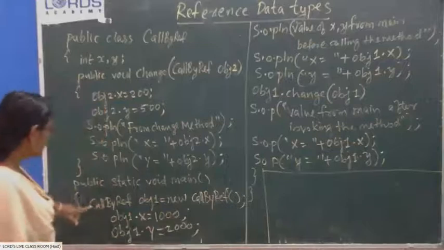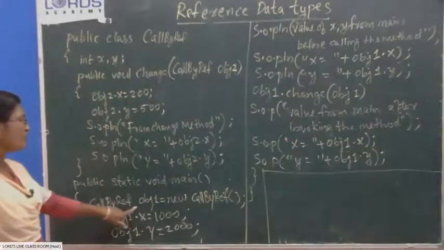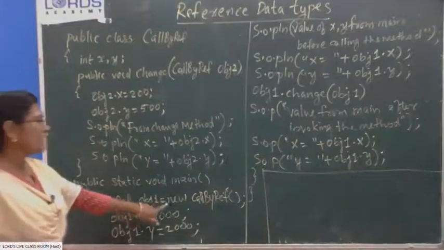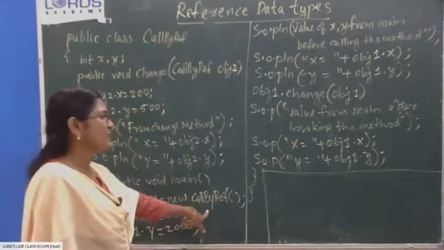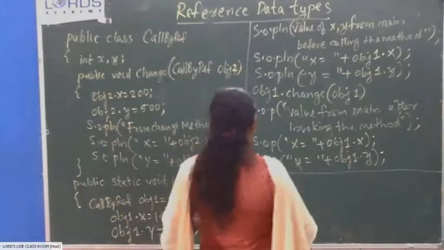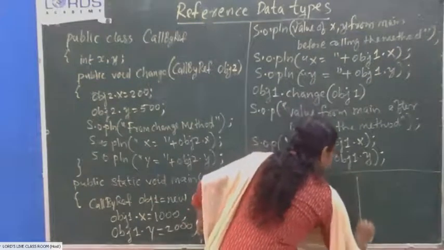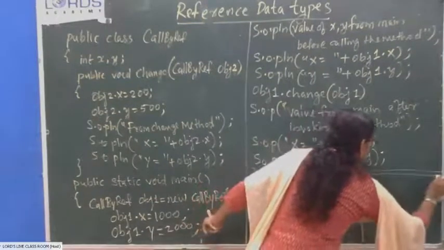In the main method, what have we written? Call by reference type obj1 equal to new call by reference. So what it says is: in the computer memory, imagine that this is the memory area.